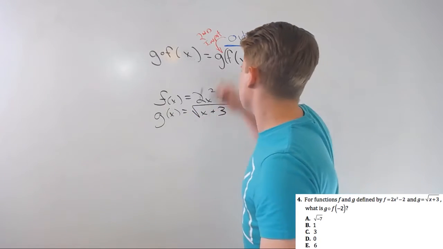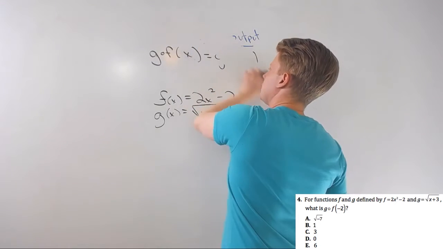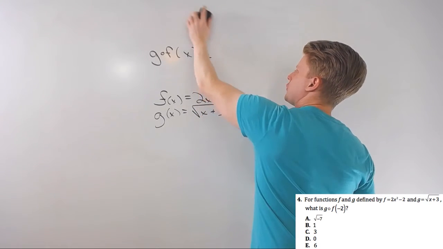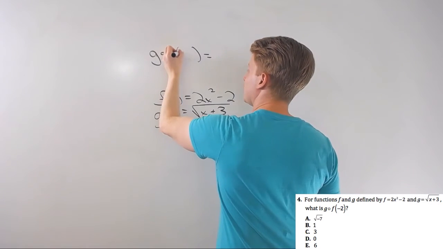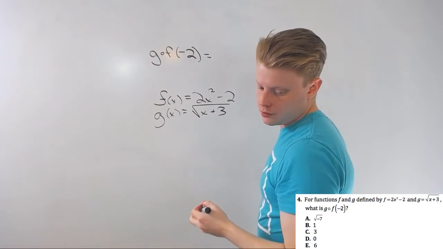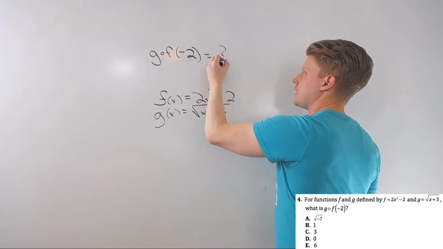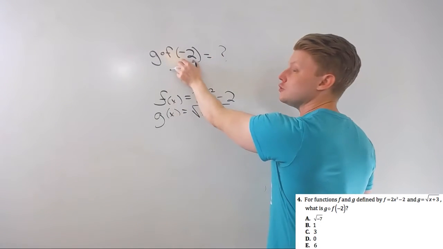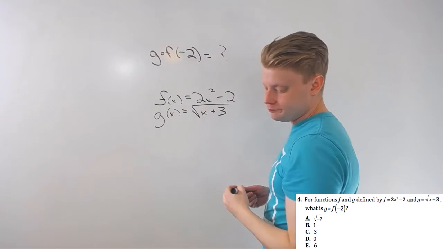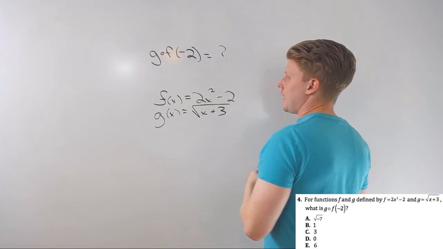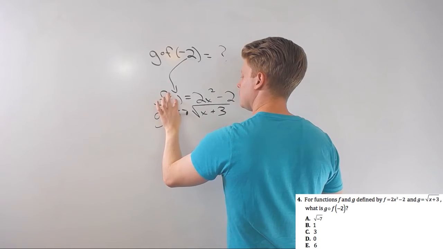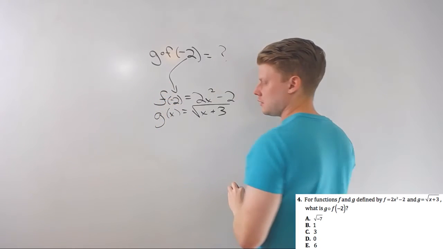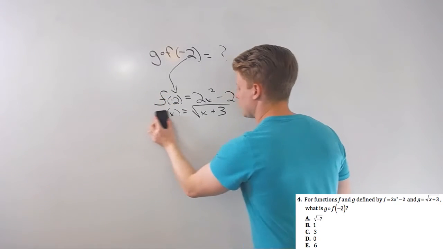And I'm just going to erase this right side here because the notation is appropriate on the left, except I'm going to take that x out and put in a negative 2. Okay, and I want to know what that equals. Negative 2 is my first input. That goes into function f. So I'm going to drop this down here, and let's move g of x over for right now so I can work this.